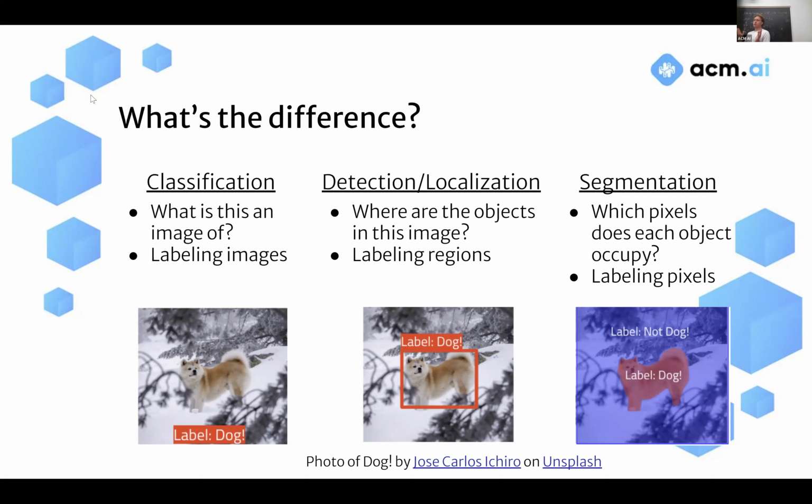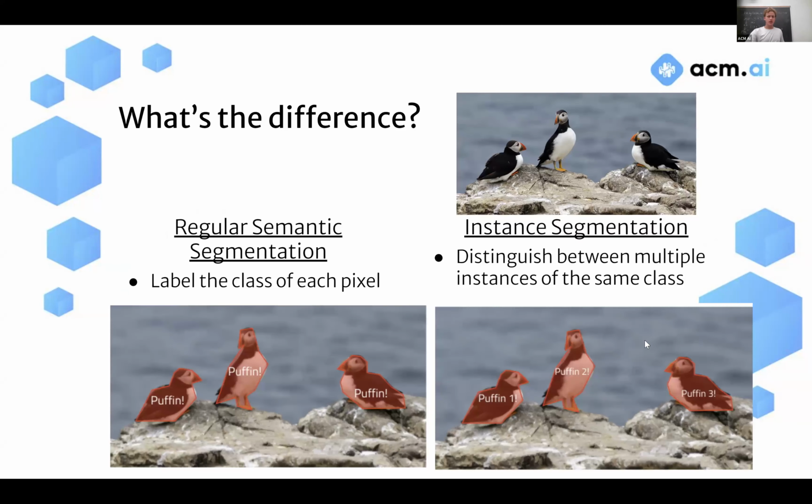But also the other important thing is segmentation. Which pixels does each object occupy? Is this pixel part of the dog or not? As we see here, this section right here is the dog, but this is not. So as I alluded to earlier, there's a difference between regular semantic segmentation and instance segmentation.